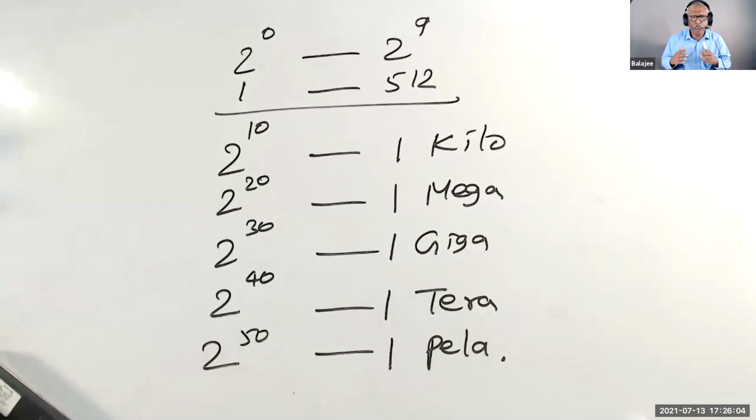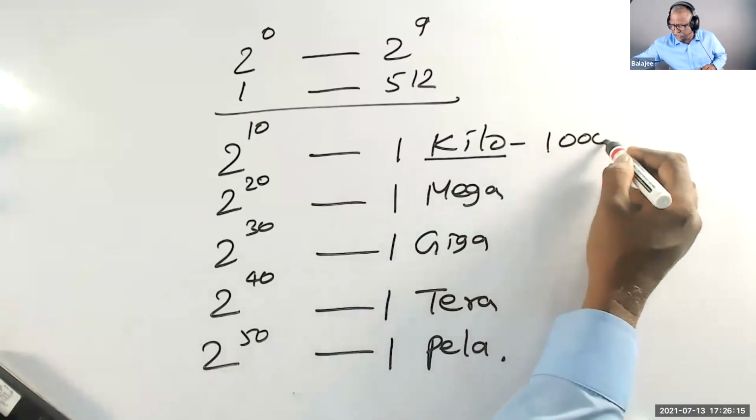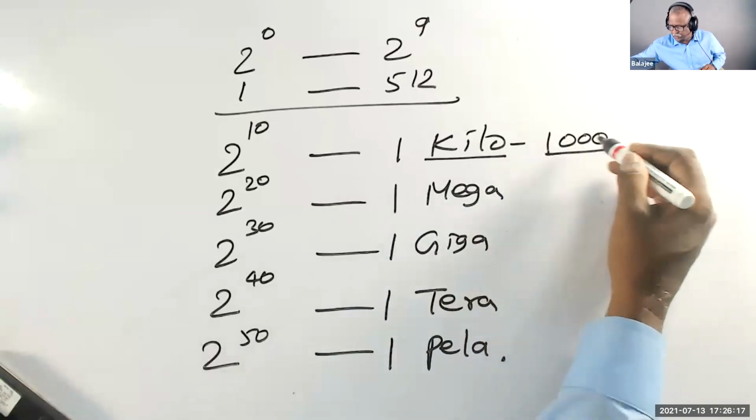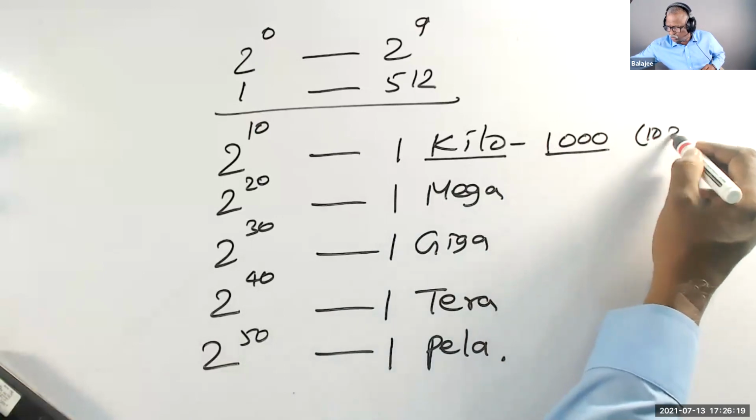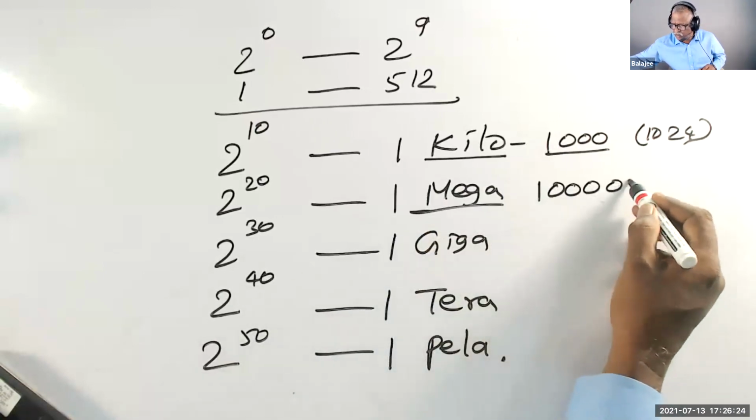Okay, understand this. It's all very big numbers. We can roughly add 3 zeros for each step. 1 kilo means this much, not exactly this, this is actually approximate. The actual number is 1024. 1 mega means you add 6 zeros, but not exactly.